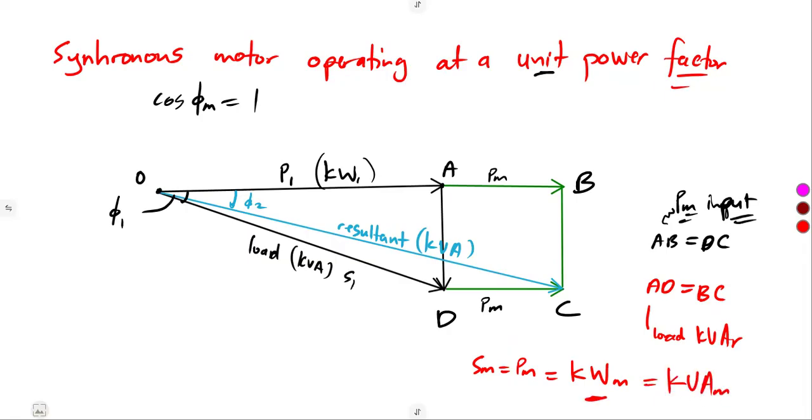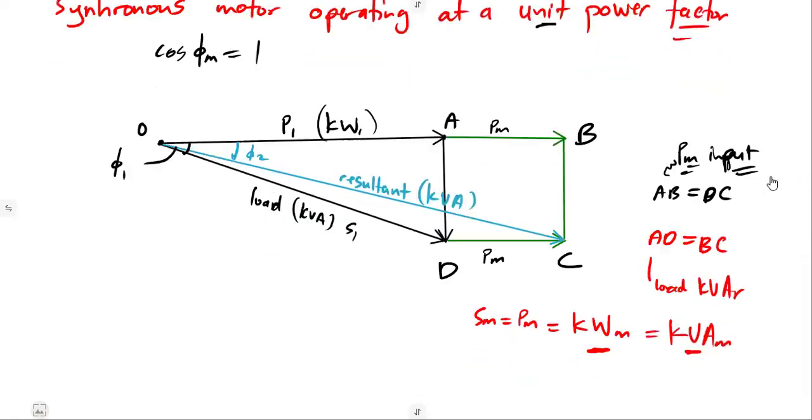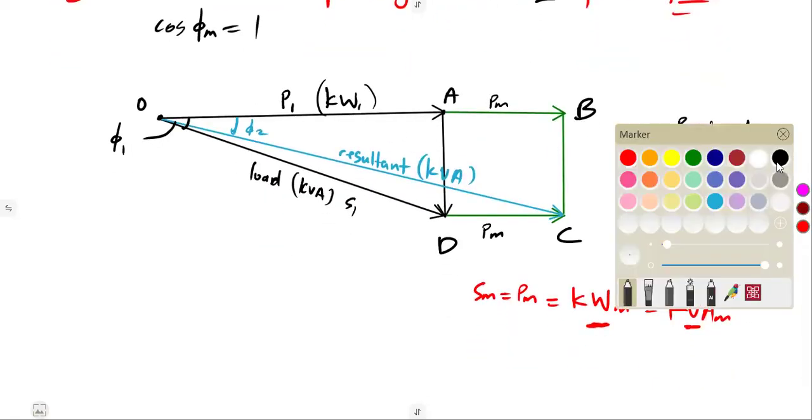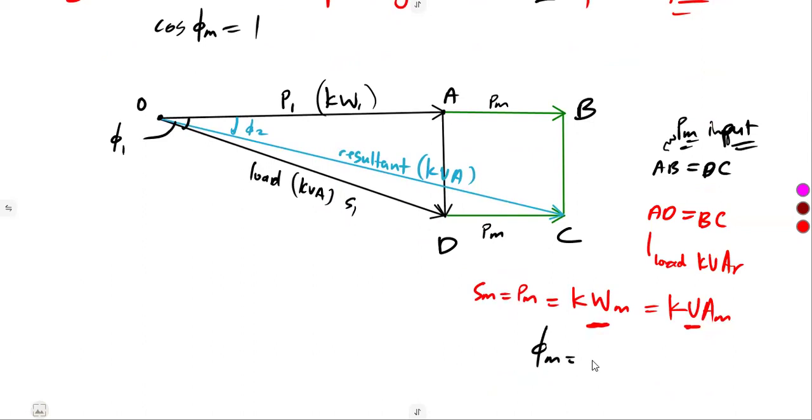So it means the kilowatt and the kilovolt ampere of the synchronous motor will be exactly the same. So the angle that is affecting there of the motor will be equal to what? 0 degrees, so that our power factor for the motor will be equal to 1. Those are the conditions that you need to understand.